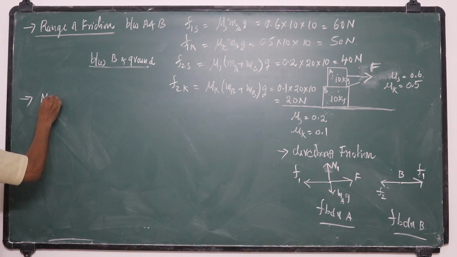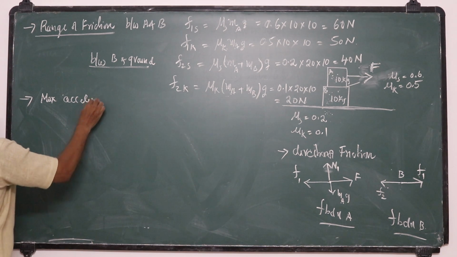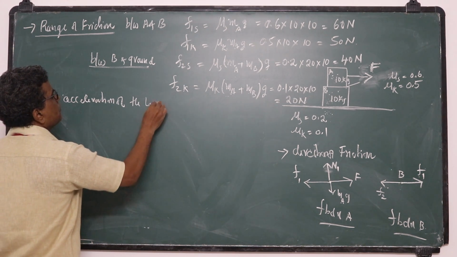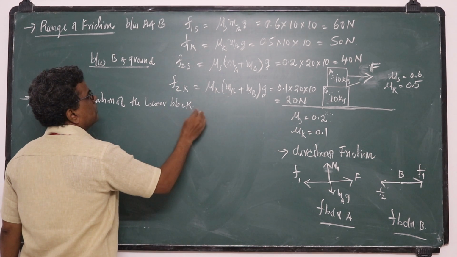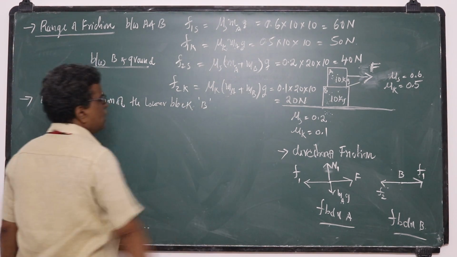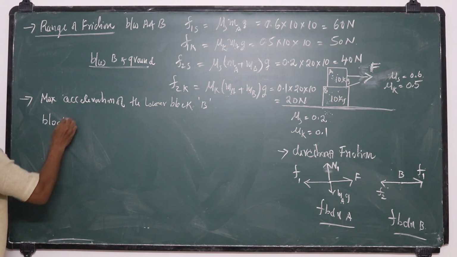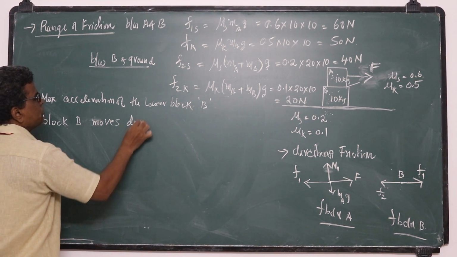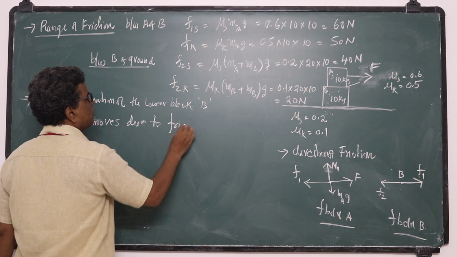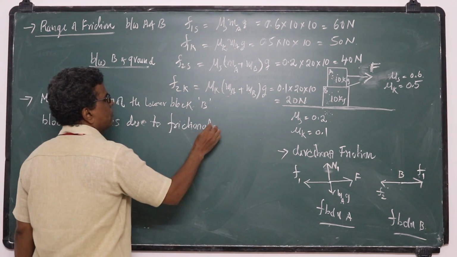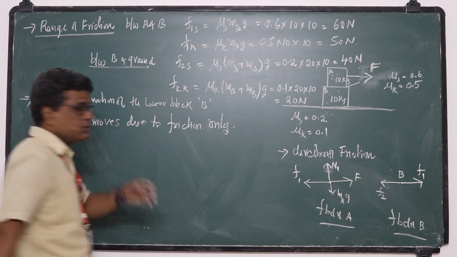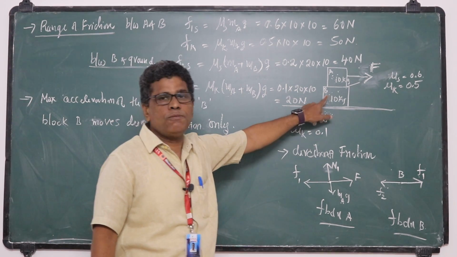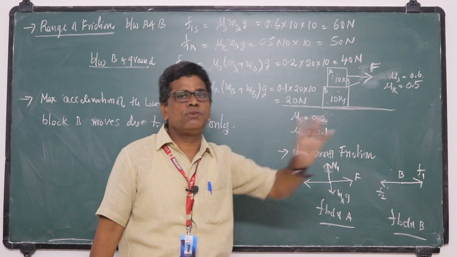In the third step, you find the maximum acceleration of the lower block B. Here block B moves due to frictional force only, because there is no external force on the block B. Block B moves along with A due to frictional force only.